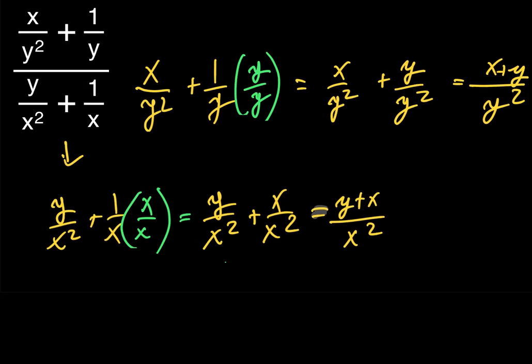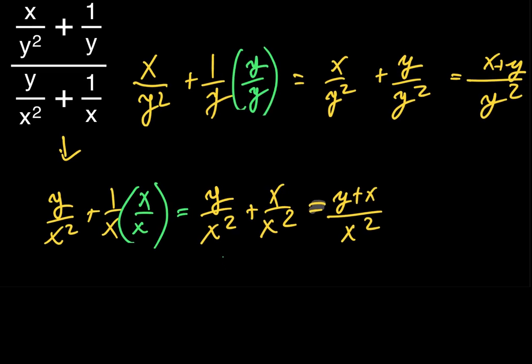Now I'm going to take that top thing, which is this, and write it as x plus y over y squared. We're going to multiply it by the reciprocal. Well, this was the denominator, which ends up being this.